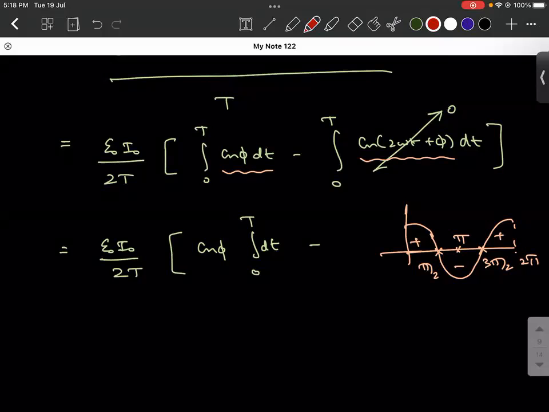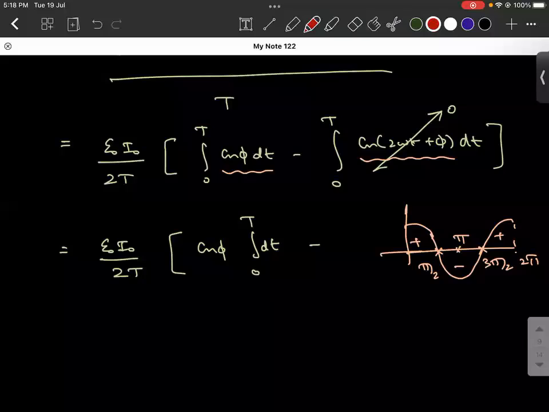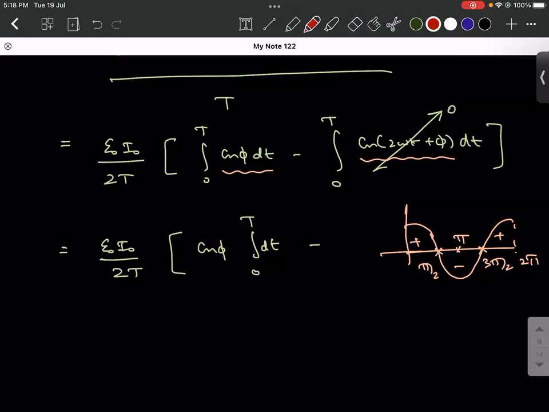That's right, actually. She's trying to say it is because of the 2. See, omega t cancels out. The integral of 0 to capital T of cos of 2 omega t plus phi is 0. What is the difference? Forget about physics, look at it in mathematical terms, you'll get the answer. It's very simple.